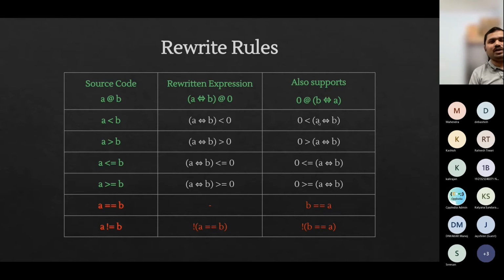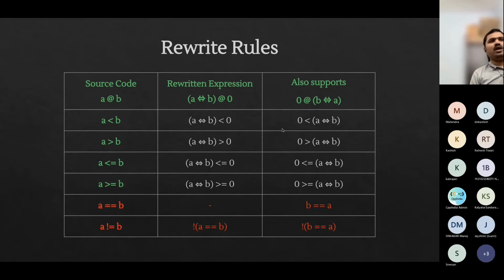Sorry, there is a typo here. It's not a spaceship operator b, it should be b spaceship operator a in the third column. Everything should be b spaceship operator a. So here we have just changed the order, and if we change the order, then we also have to change the comparison.